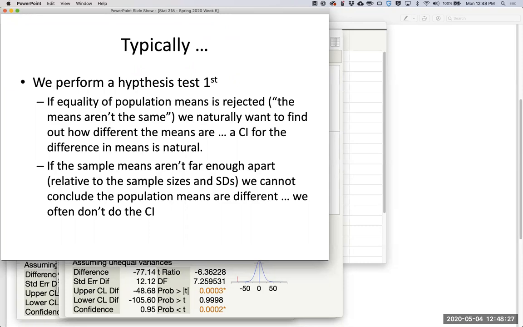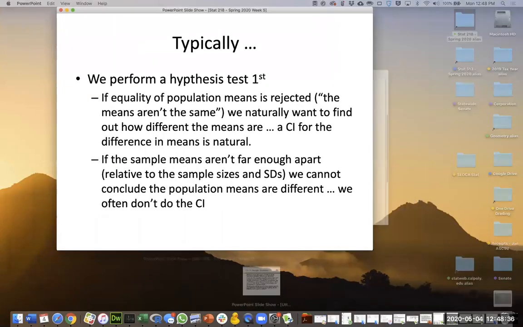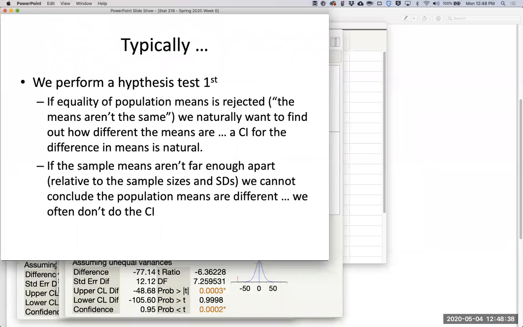If the sample means really aren't that far apart, then we can't even conclude that the means are different. If we can't even conclude that the means are different from each other, why bother even doing the confidence interval? Again, null hypothesis. It's only if you reject it would you want to go with the confidence interval.